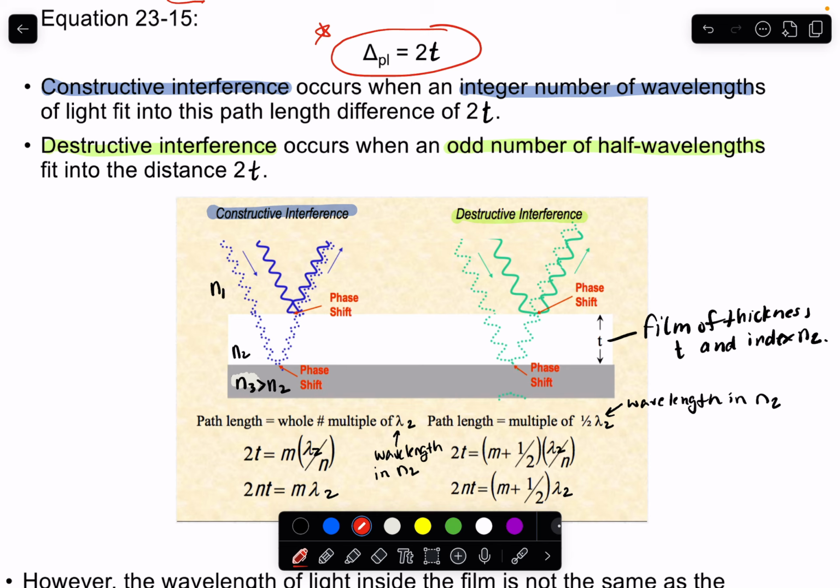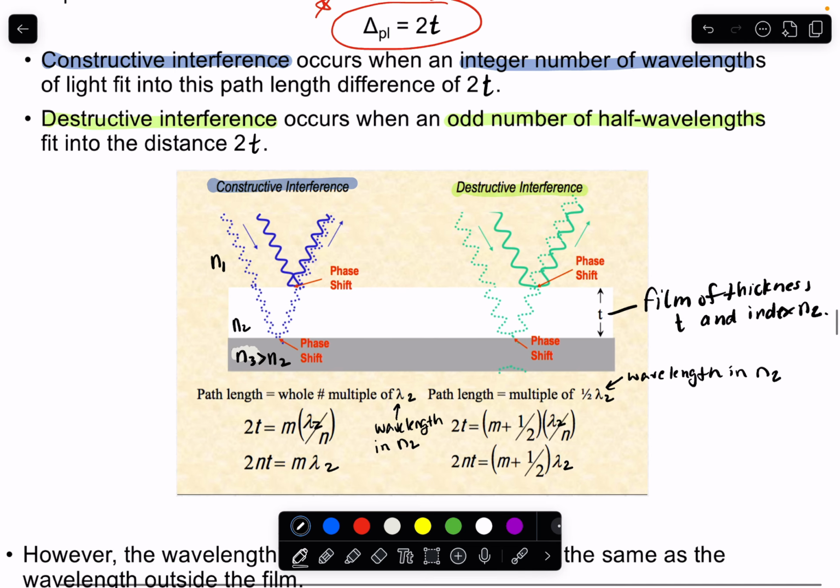What you'll notice here is that these conditions are written in terms of lambda 2, which is the wavelength in index 2, which is the thin film. And you can go back and forth, because remember, we know the equation that describes the wavelength of light depending on what medium it's in. Go back to, I think it was section 1 or 2 of this chapter that told us that. So these are all written in terms of lambda 2, the wavelength in the thin film.